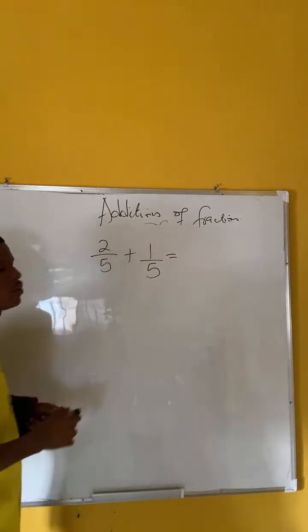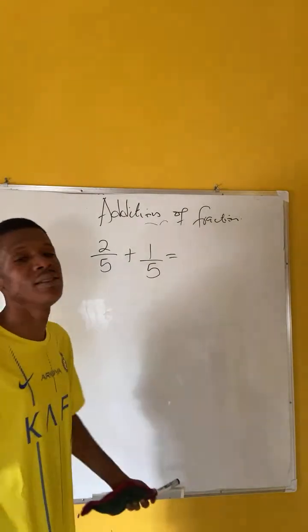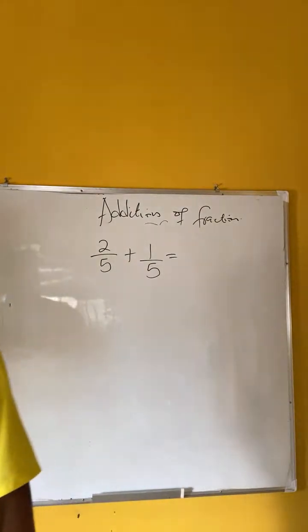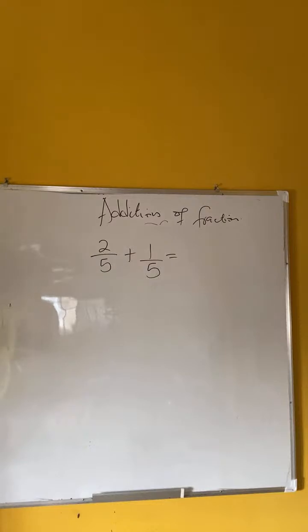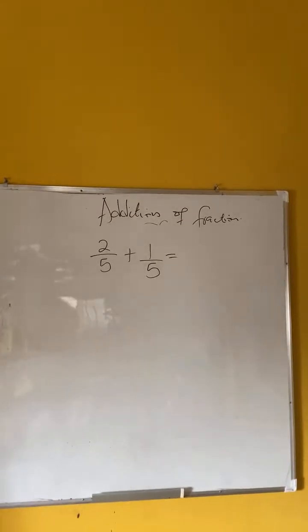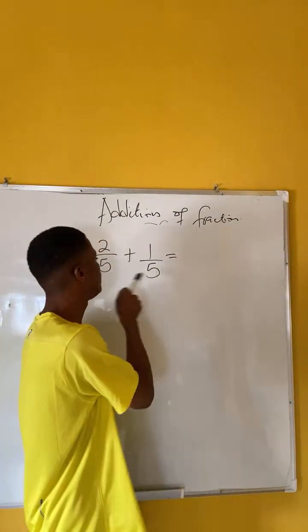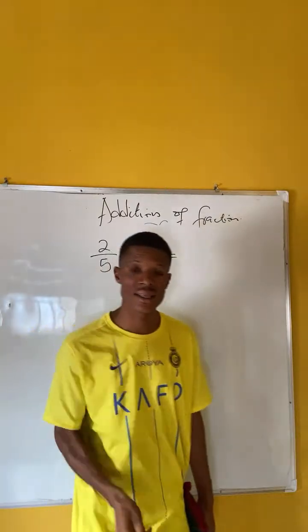These fractions, look at it now. The denominator here is 5 and the denominator here is 5. So what are we going to do? We just have to add the numerators. So when adding fractions together, you can just add the numerators whenever you see that the denominators are the same.